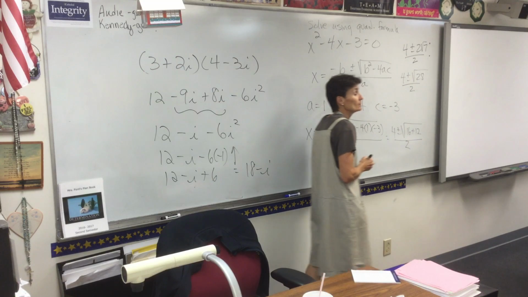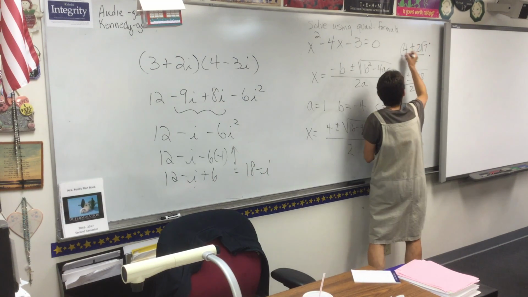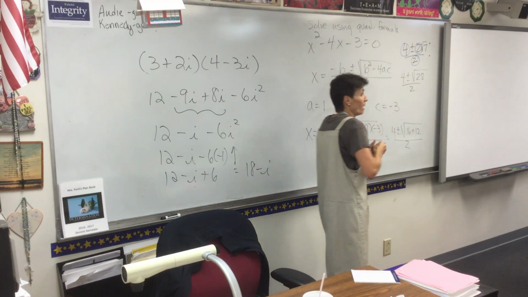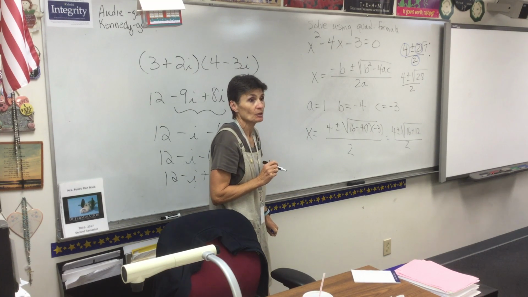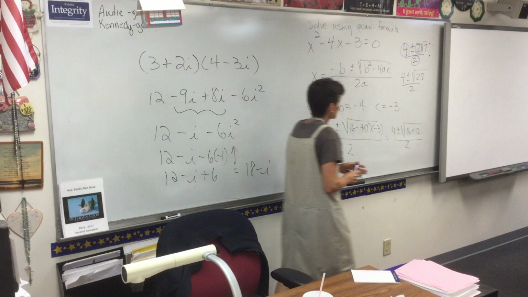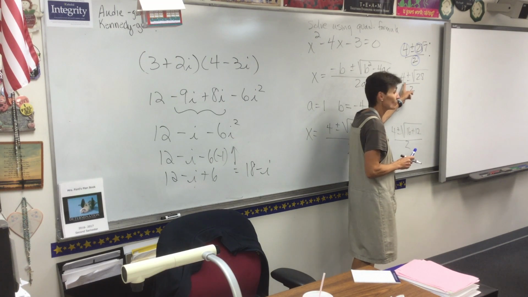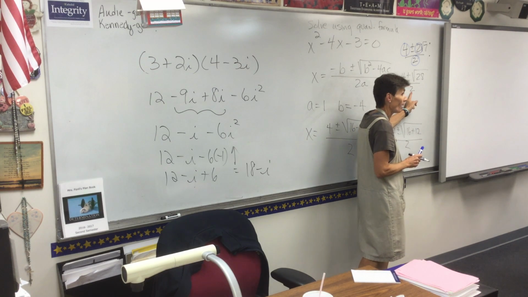Then you divide. And since all 3 positions are divisible by 2, we cancel a 2 out. Kids, if you tried to cancel at this point, I know 2 goes into 4, but you have a 3-part problem.